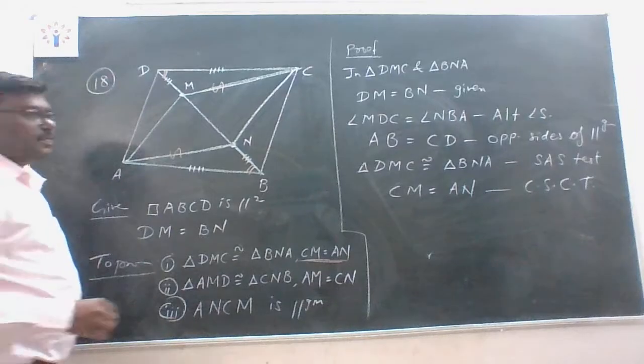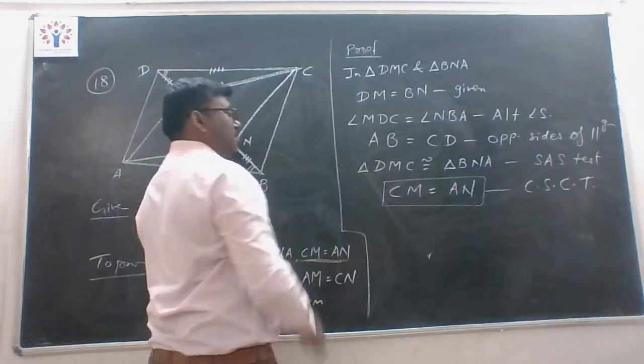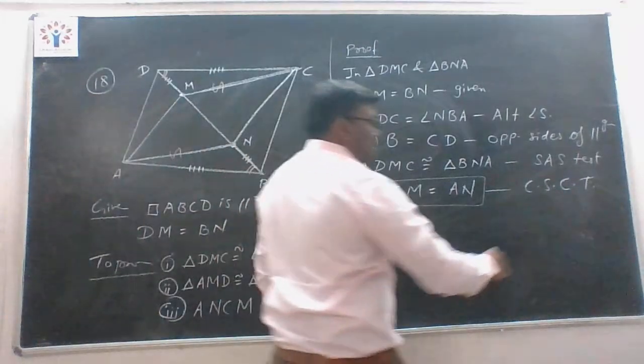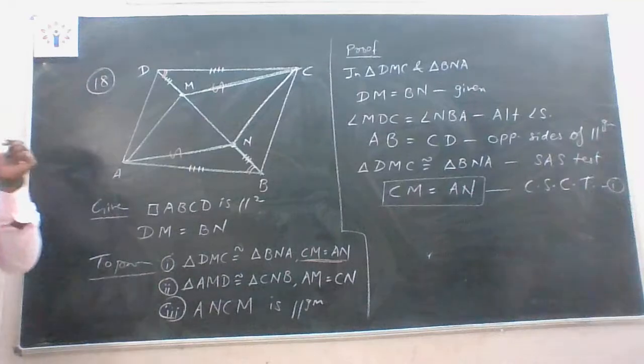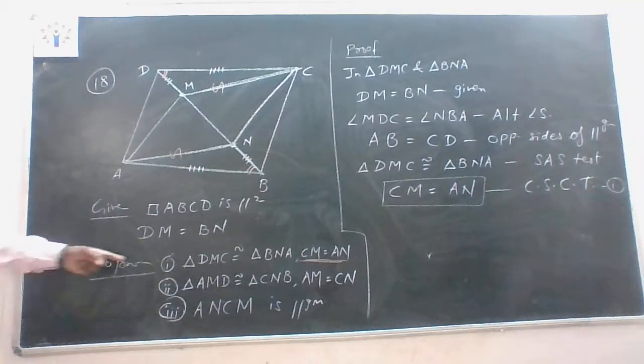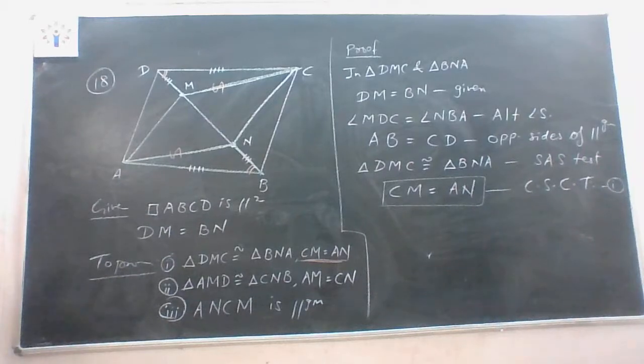Is that clear? So here we proved the first part. Let us consider this as our first part. Now let us move to the second part. The same thing we can do for the second part as well.